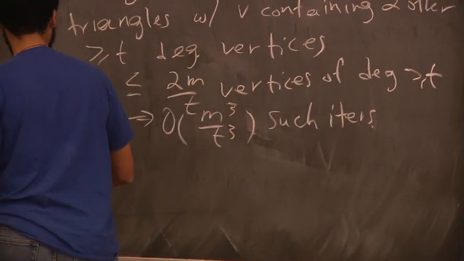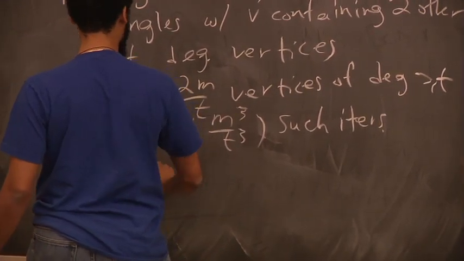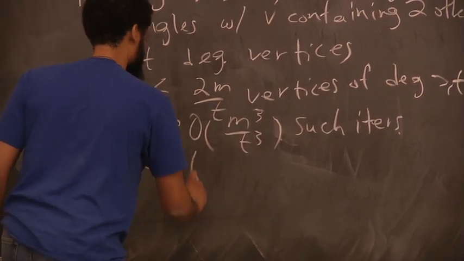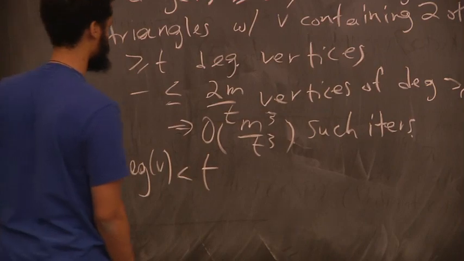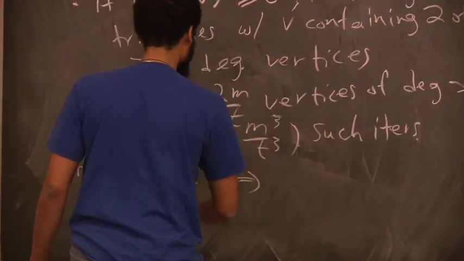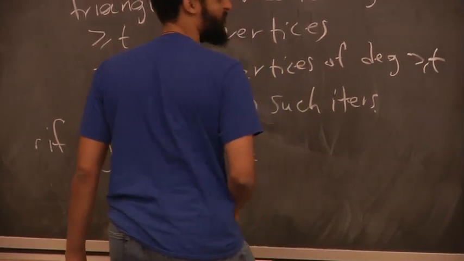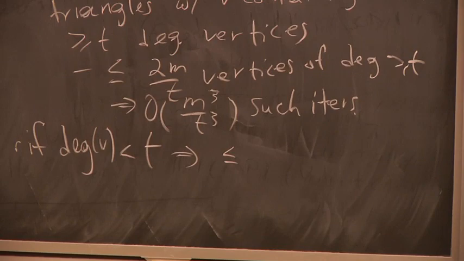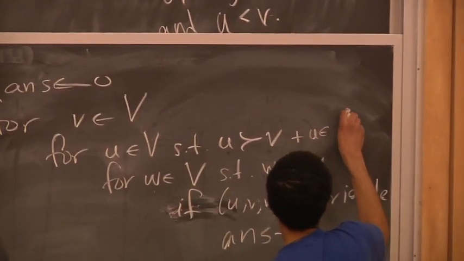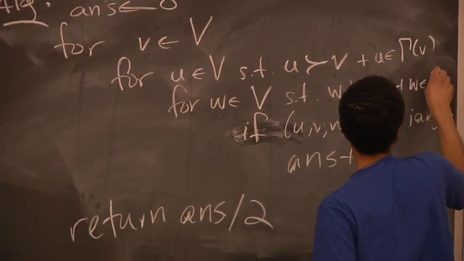And then the other case is if degree of v is less than t, right? That implies that at most, well, I guess I should have said such that u is at least v and u is in the neighborhood of v and w is in the neighborhood of v.